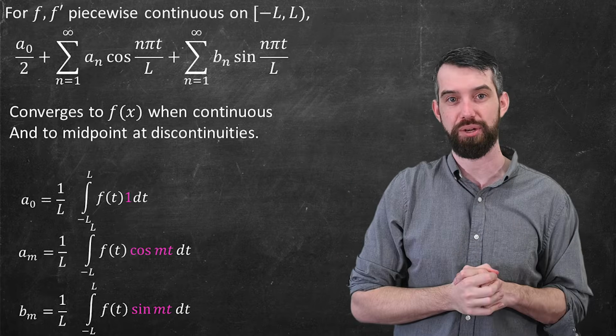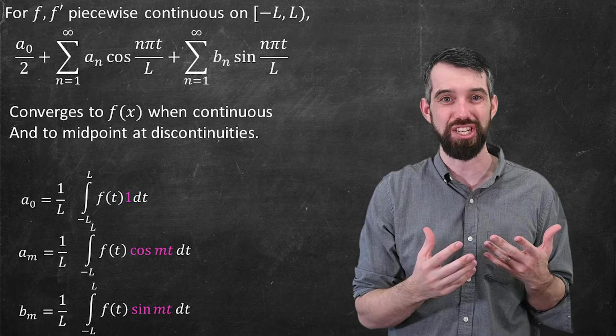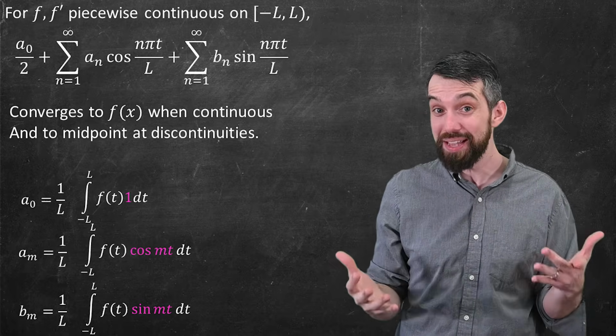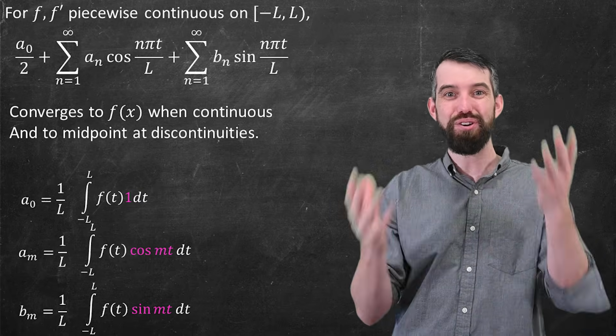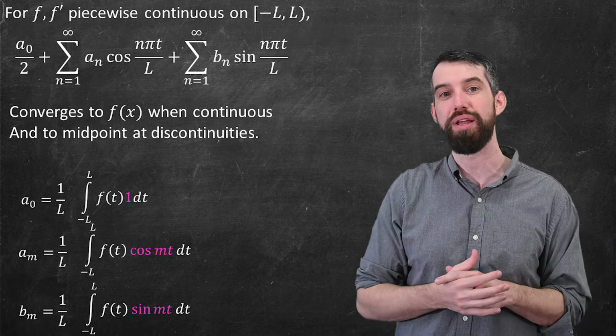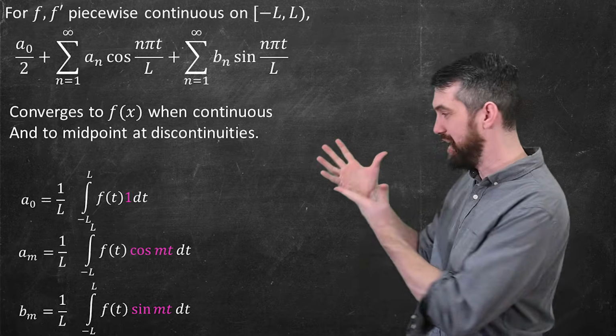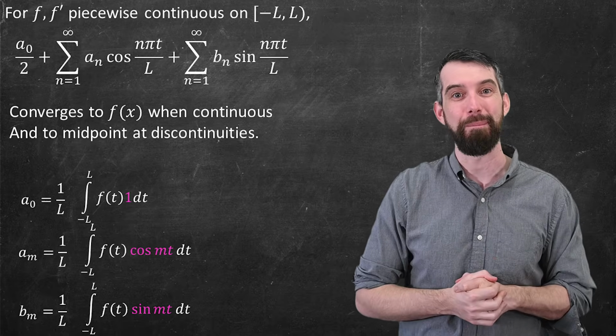That's where this Fourier series is going to converge. This is really nice because these are pretty relaxed conditions, f and f prime only being piecewise continuous. We're not demanding a lot. And what we get is this convergence. It converges to the actual function when it's continuous and to these midpoints when it isn't. And then I've put down the general formulas for computing the a naught, the am, and the bm.